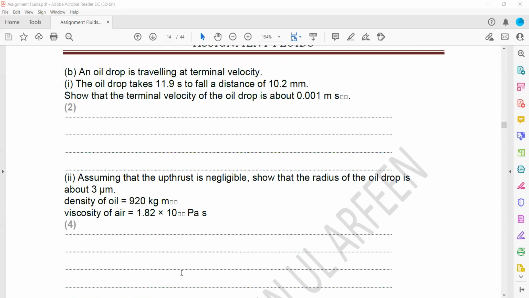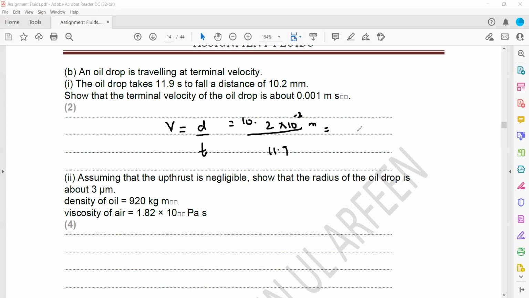Then this part, b1 and 2, the values here. For the first part, the oil drop takes 11.9 seconds to fall a distance. Terminal velocity means constant speed, and when speed is constant, we can use the formula distance over time. The distance it falls is 10.2 millimeters, so it will be 10.2 times 10 to the power minus 3 to convert into meters, and the time is 11.9.